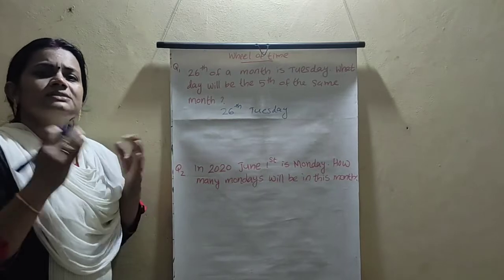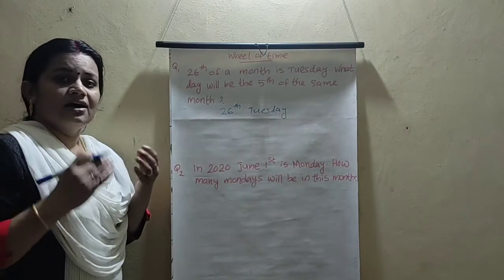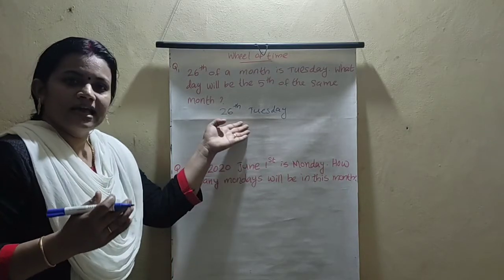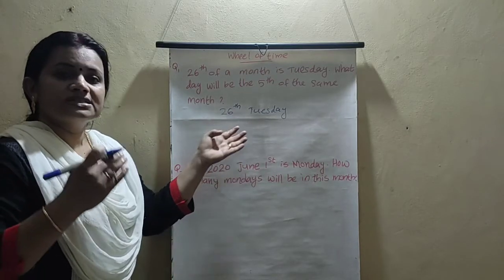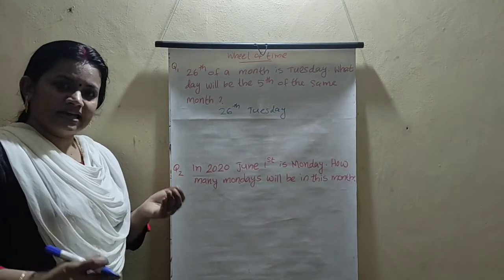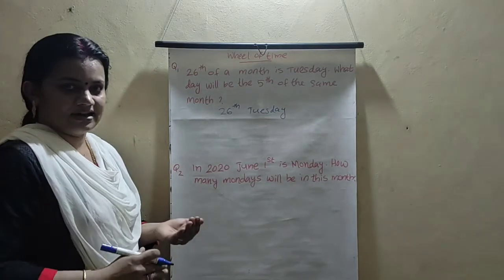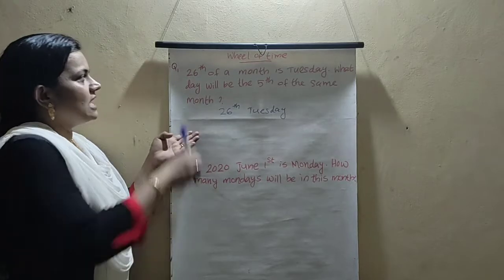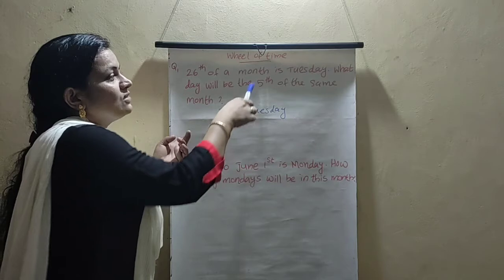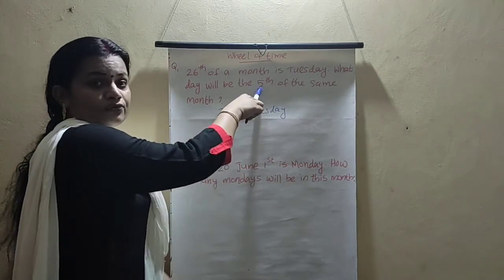Then what is the difference between the days? 1 week equals 7 days, so we will get the same day. First step is the given number plus 7. The other one is the given number minus 7. In this case, the last date is given, 26th. We want to find out the beginning of this month.